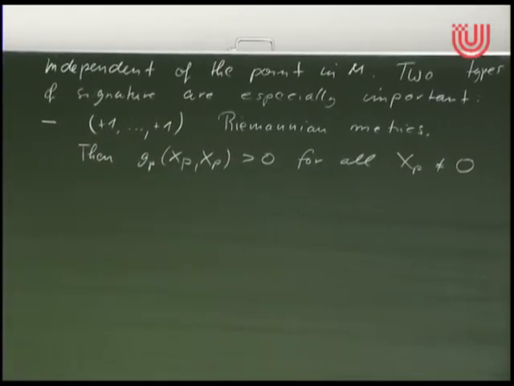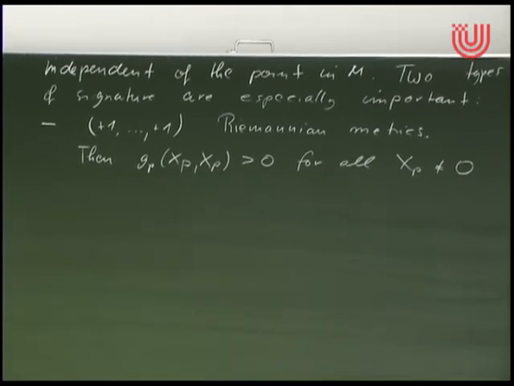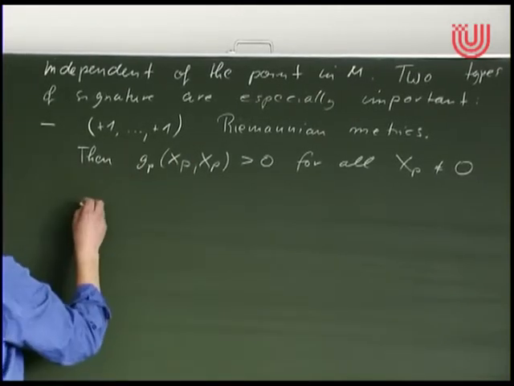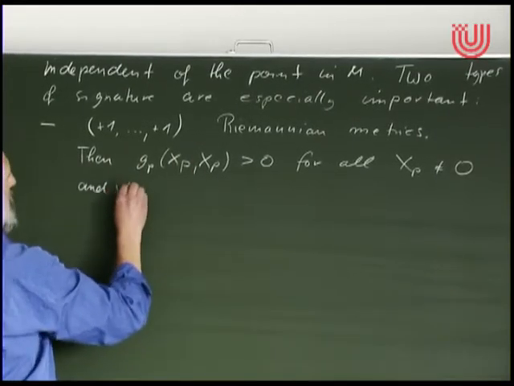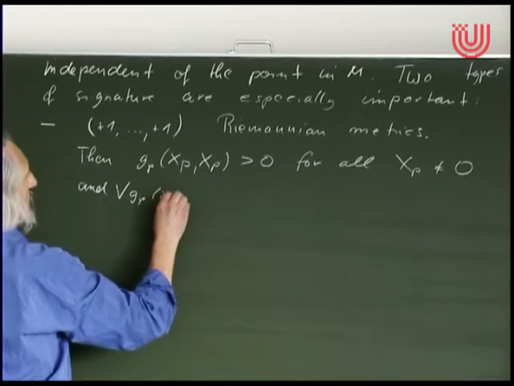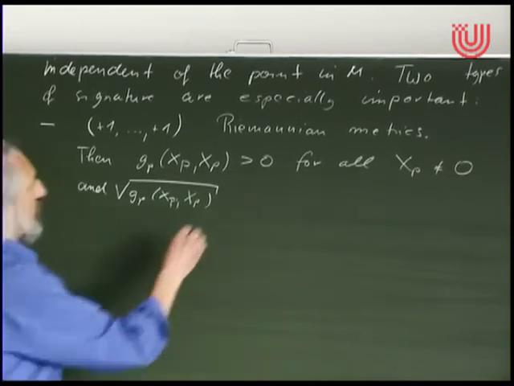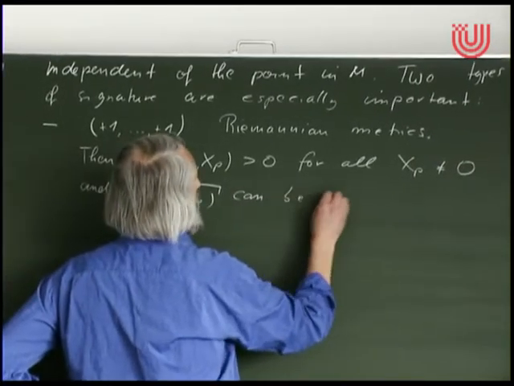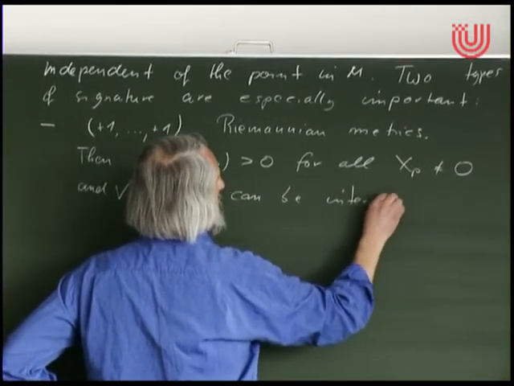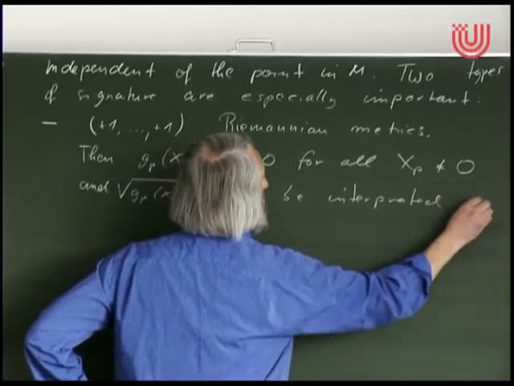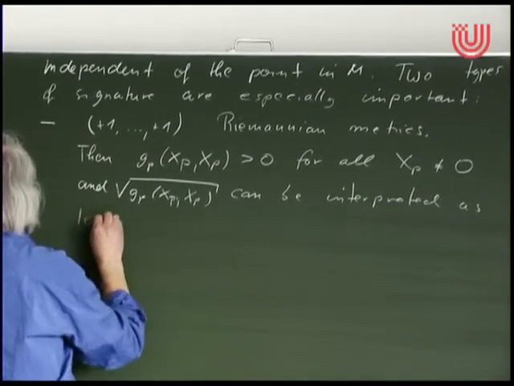But for any other one, I get something which is bigger. And then I can interpret this as a square of a length. If it's positive, I can take the square root. And that's what we call the length of the vector, as it is defined by this Riemannian metric. It can be interpreted as length.